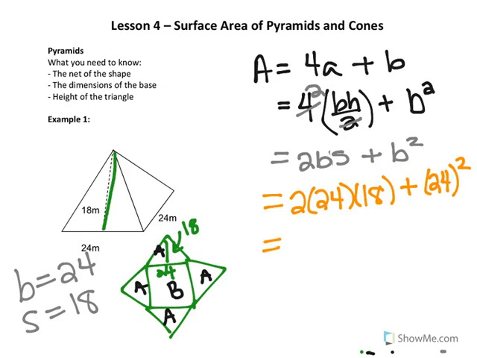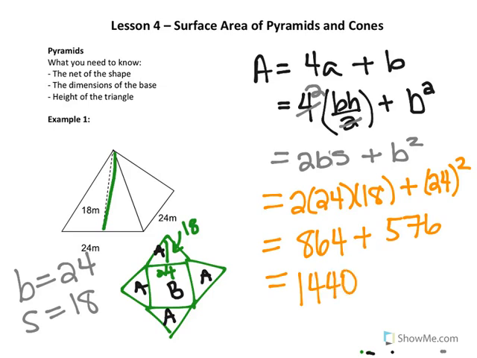And we get 864 plus 576. And altogether we get 1,440. Our unit is meters, and it is squared because it is a surface area. So that is our first example of a pyramid.